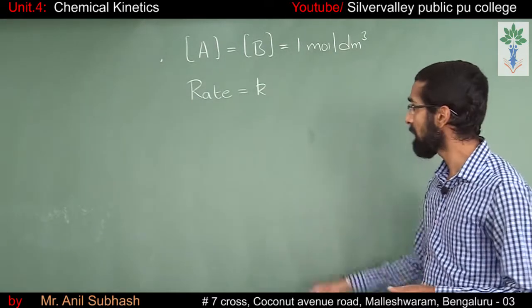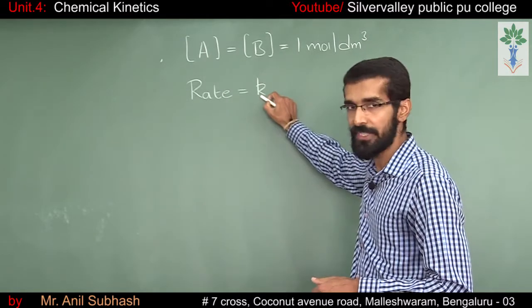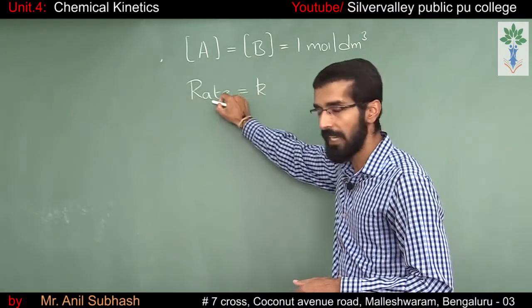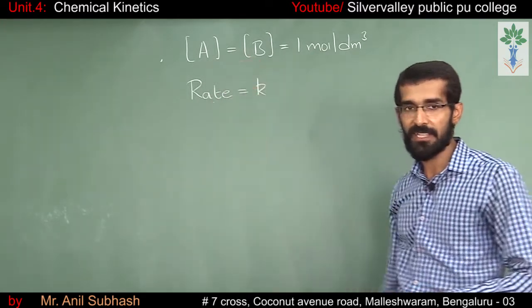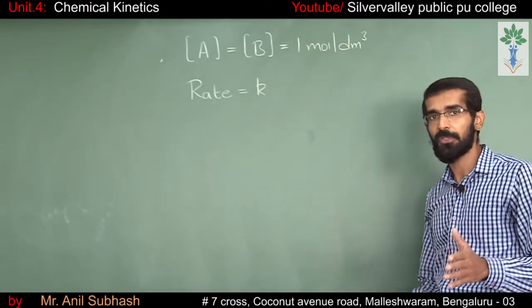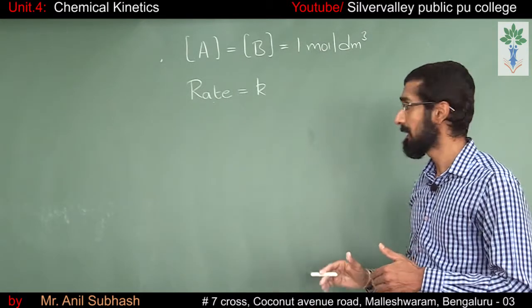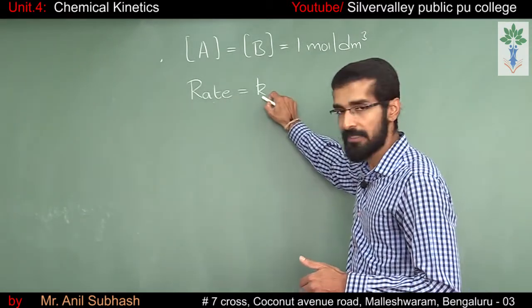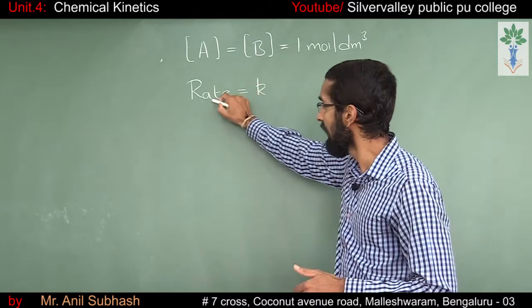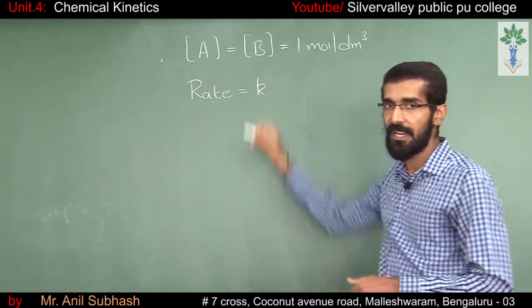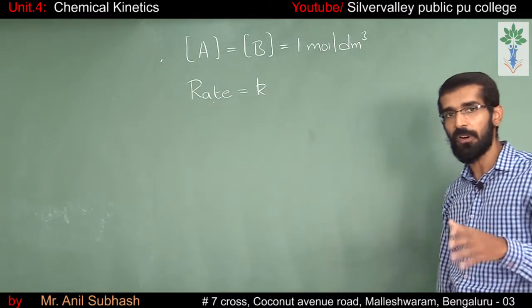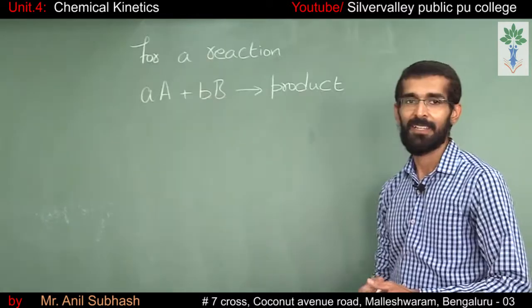How do you define the rate constant? The rate constant is defined as the rate of a chemical reaction when the concentration of the reactants is 1 mole per dm cube, or unity. I'll just say it again: the rate constant is defined as the rate of a chemical reaction when the concentration of the reactants is 1 mole per dm cube or unity.